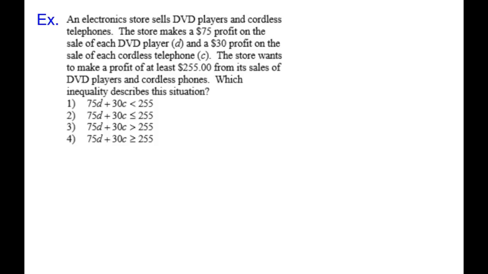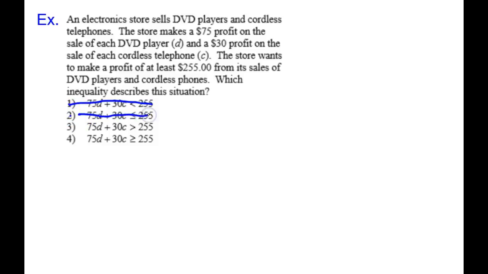Okay, so if we look at equations 1 and 2, looking at those inequality symbols, that's saying that our sales of DVD players and cordless telephones, if we take those results together, that is going to be less than $255. That is not what we want. We want a profit greater than $255, or at least $255.